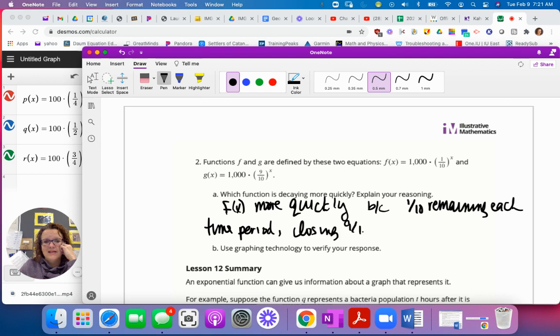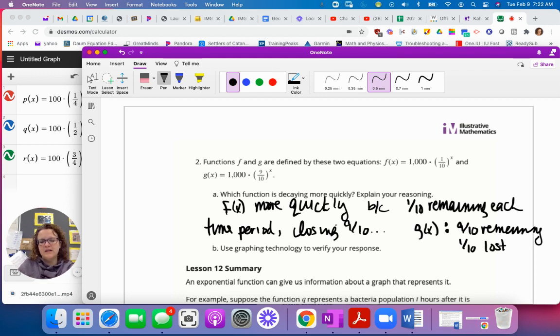Losing 9/10. Okay, we have a very small amount remaining of the initial value each time period, losing 9/10, which is a lot. G of x, I have 9/10 remaining. 1/10 lost. Okay, 1/10 is not very much.